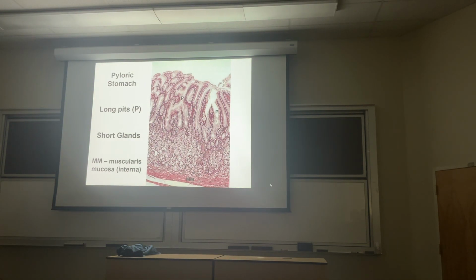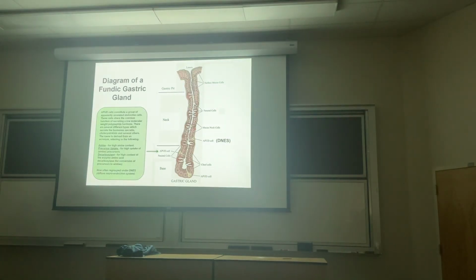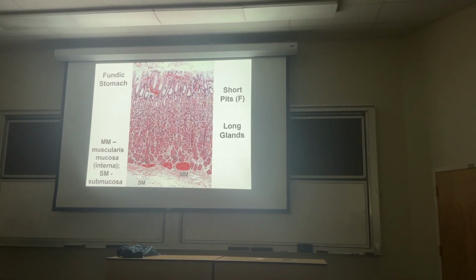This is sort of typical of the pyloric stomach. Look at how deep the pits are. They might come halfway to even 2/3 of the way down to the muscularis mucosae. Just to remind us a ways back, this is the fundic stomach. They only go maybe 1/3 of the way, if that, towards the muscularis mucosae.